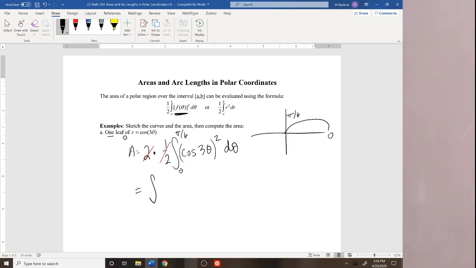And that identity is cosine squared equals 1/2 times 1 plus cosine of 2 theta. Now theta in this case is already 3 theta, so it's really going to be 6 theta in here. Right, so that's the formula. Cosine squared is equal to 1 plus cosine 2 theta over 2.